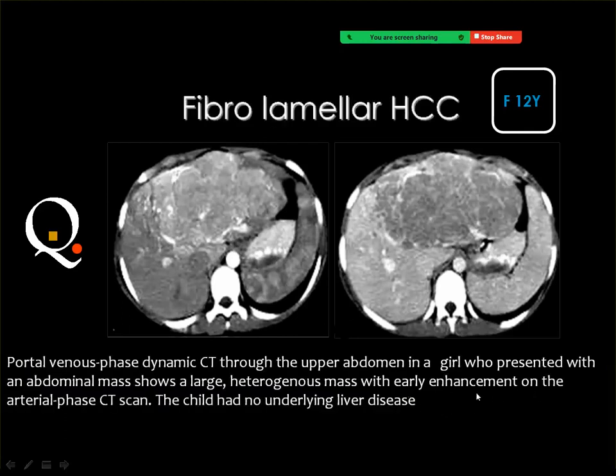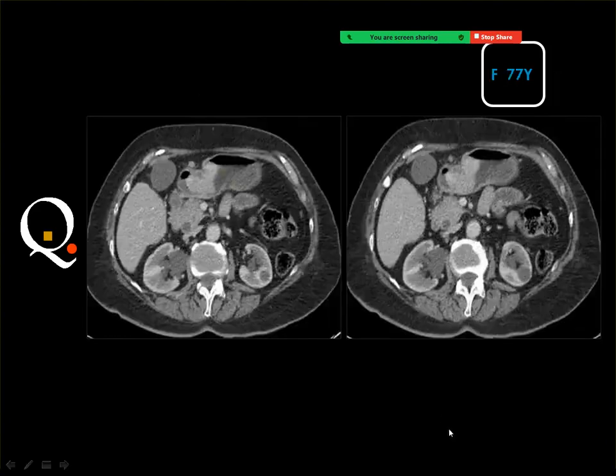The age incidence of hepatoblastoma is below 5 years, and the age incidence of fibrolamellar HCC is around 20 years, plus or minus. The irregular type of hepatocellular carcinoma is, of course, seen in adults.